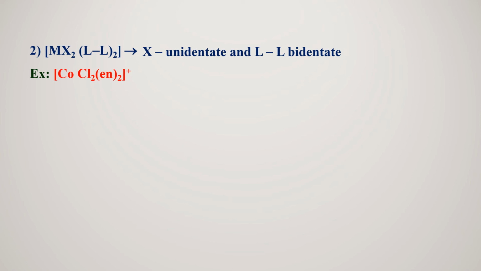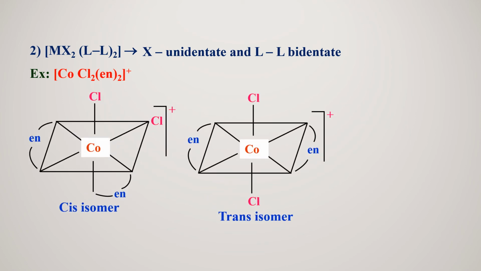Take a particular example: dichloridobis(ethylenediamine)cobalt(III) complex. See in this case also both the Cl ligands are on the same side, ethylenediamine on one side. So if the Cl are on the same side, then it is called the cis isomer. If it is the opposite side, then we can call it the trans isomer. These are geometrical isomers.